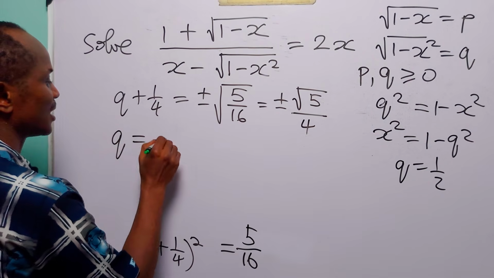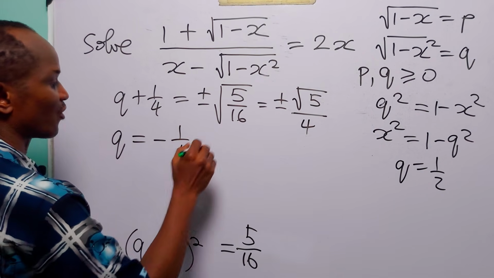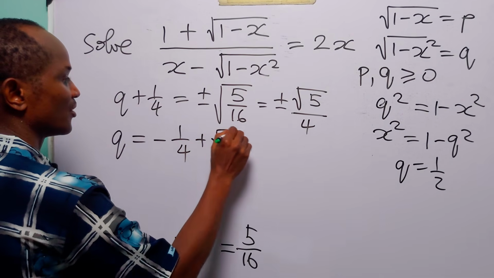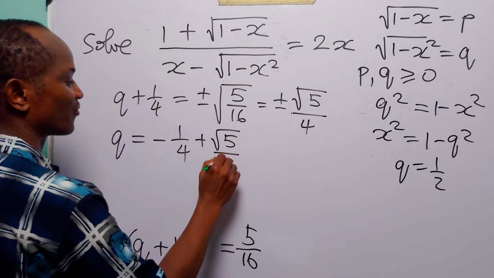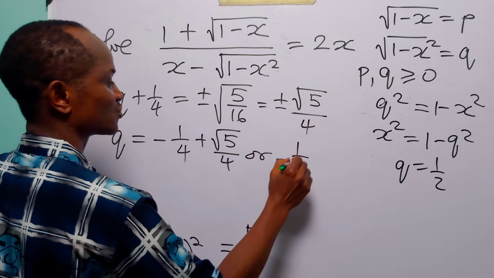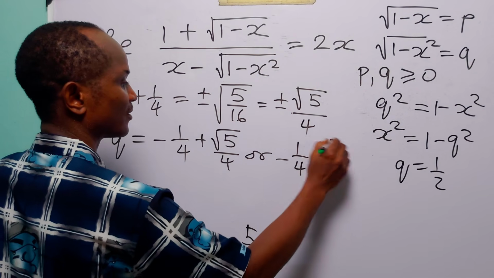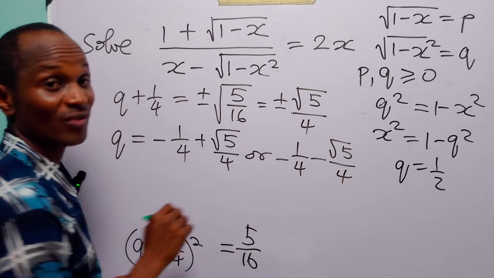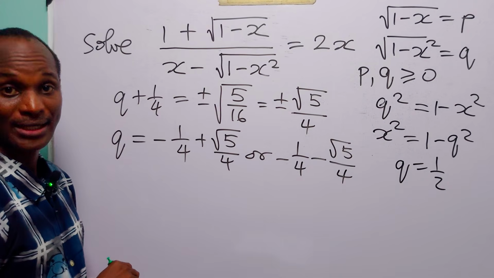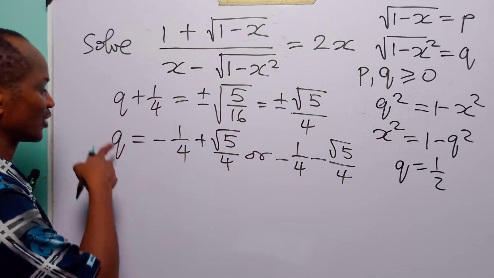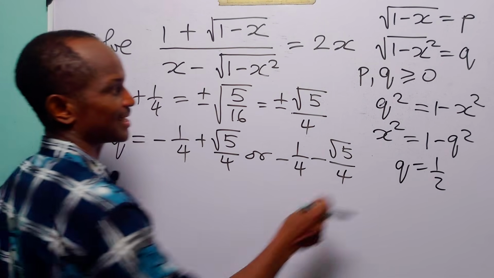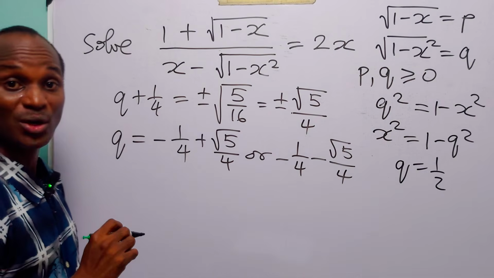is equal to minus 1 over 4 plus root 5 over 4, or minus 1 over 4 minus root 5 over 4. Now, all in all, we have 3 values of q. But remember that q must be positive.